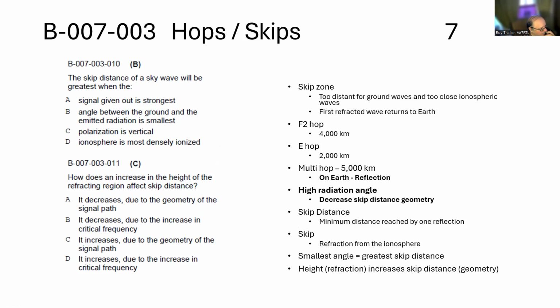For greatest distance, you want an antenna that gives you a low takeoff angle. How does an increase in height of the refracting region affect skip distance? So the skip distance increases due to the geometry of the signal path. So C is the correct answer.